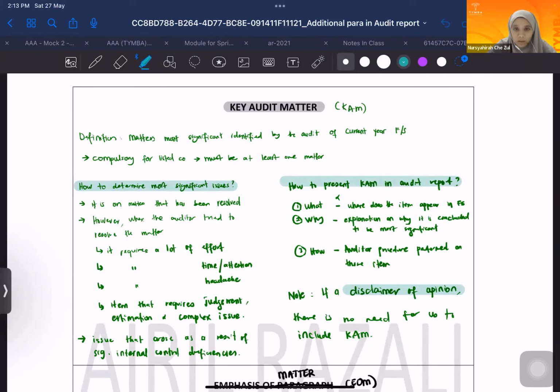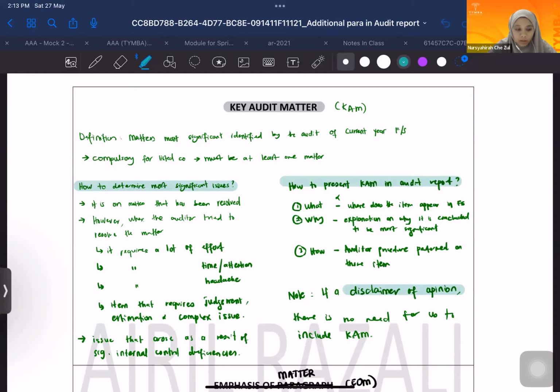You need to choose at least one matter, one account, to be included in KAM, which you think is the most difficult thing to audit for that year.